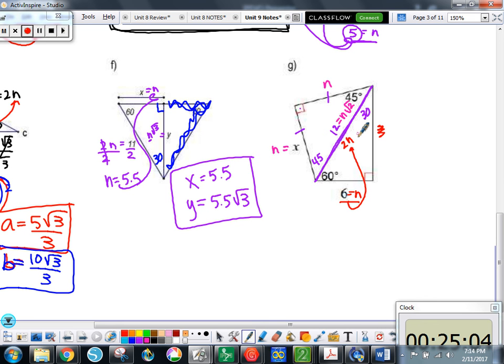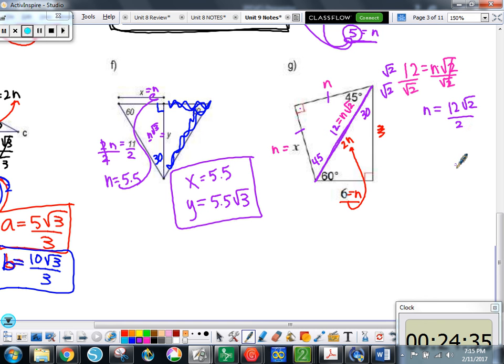So one of those three is an equation that will help you solve for N. Let's cancel out that square root 2. I can't leave it like that because I have to rationalize the denominator. So this is the same thing, N equals 12 square root 2 over 2.